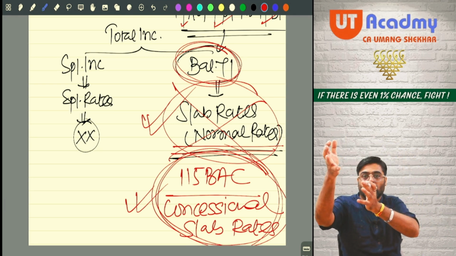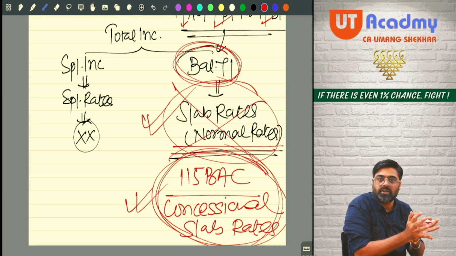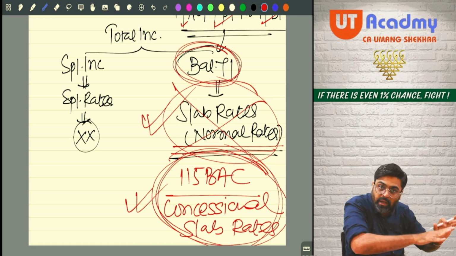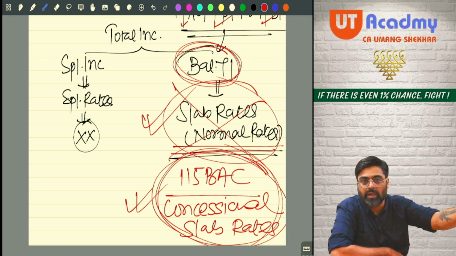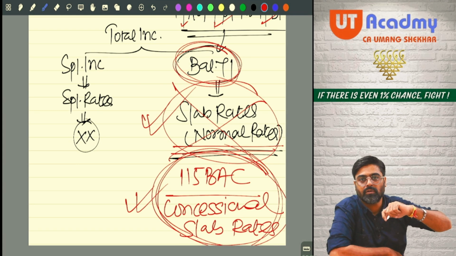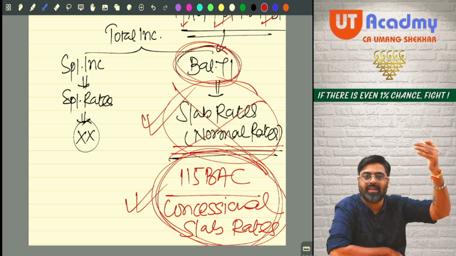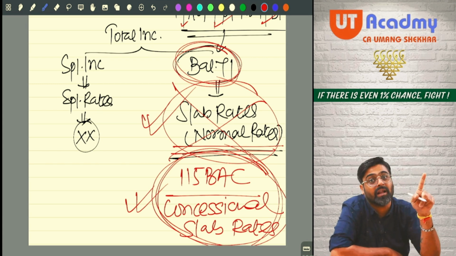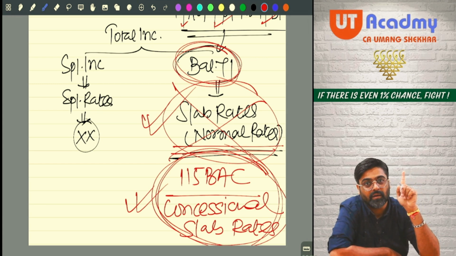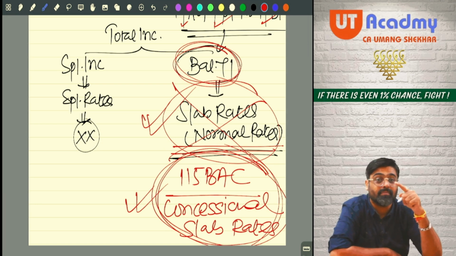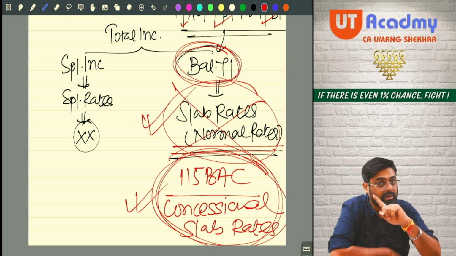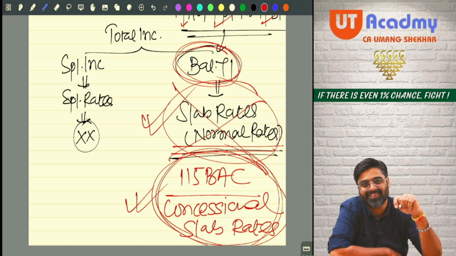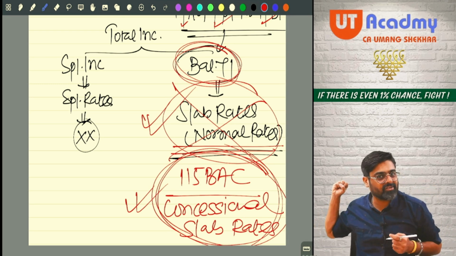On that total income, if you apply the normal tax rates, your tax liability is going to come less anyway. But if you want the 115BAC concessional rates to be applied, it will be on the condition that many heavy exemptions and deductions will not be allowed. We will take away exemptions and deductions from you.